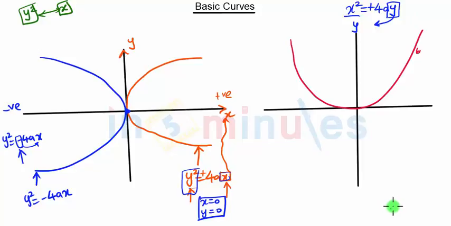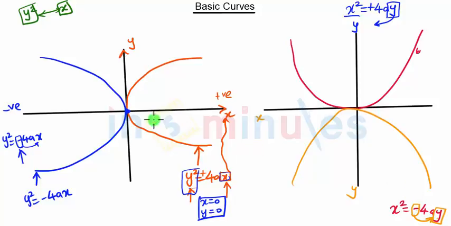Similarly, we can have the curve x square equal to minus 4ay. This curve is also symmetric about the y-axis, with the y-axis and x-axis as shown. Since here we have minus 4ay, this curve will open towards the negative side of the y-axis. So this is the curve x square equal to minus 4ay. So these are the parabolas.